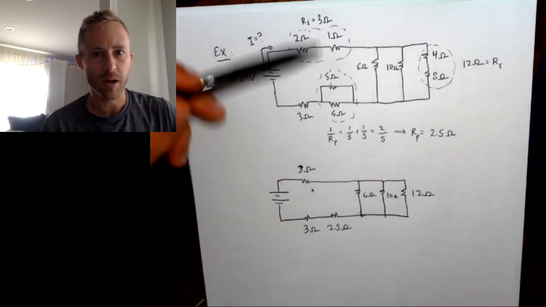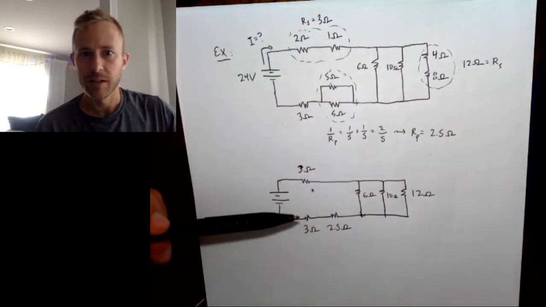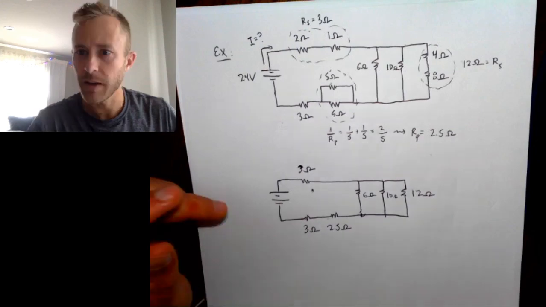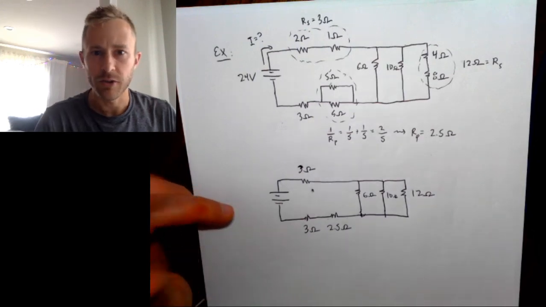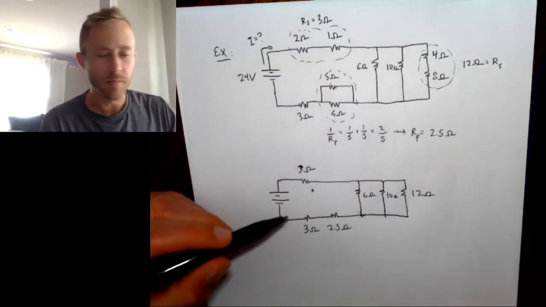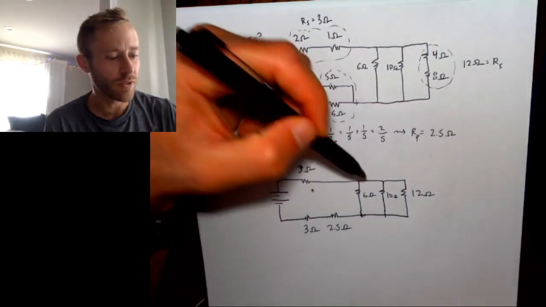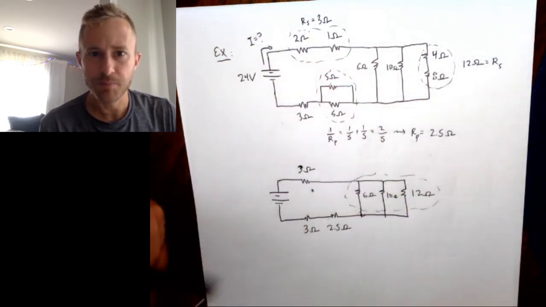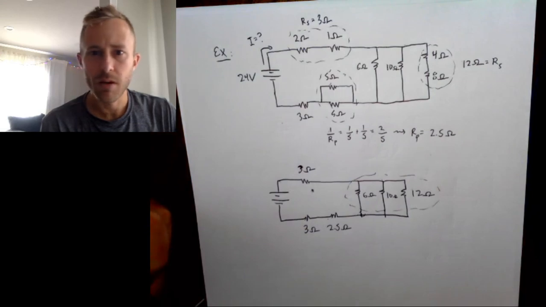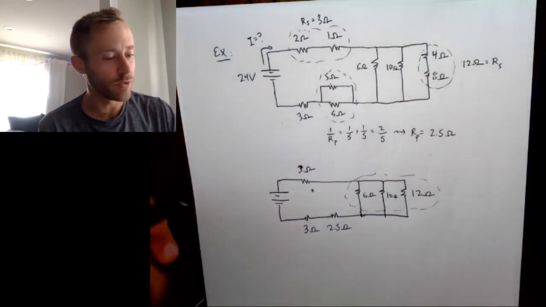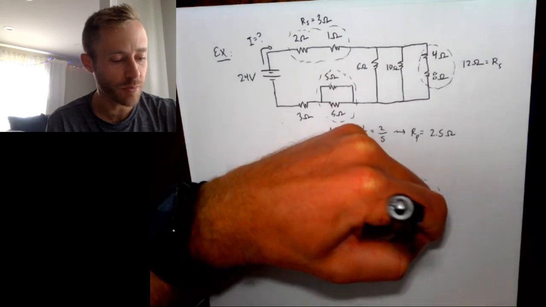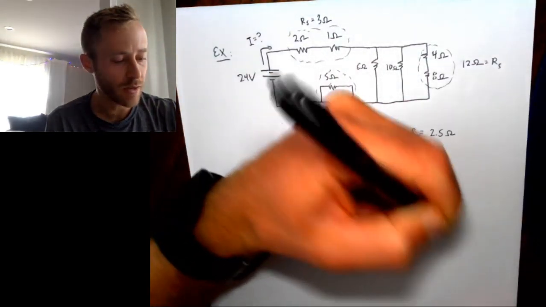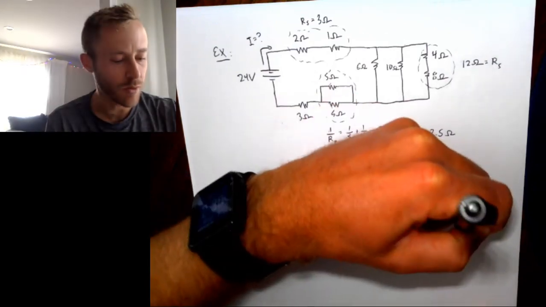These two were combined into a single thing. Okay, and so on. So now what I can see is actually these three resistors are in parallel. So I'm going to use the parallel rule. So 1 over R sub P equals 1 over 6 plus 1 over 10 plus 1 over 12.